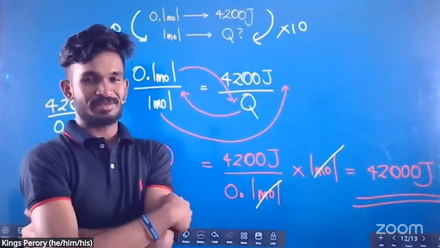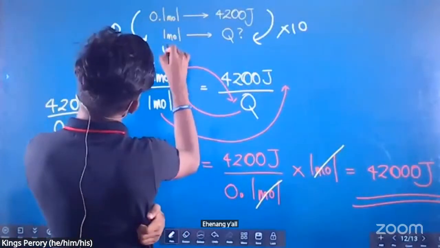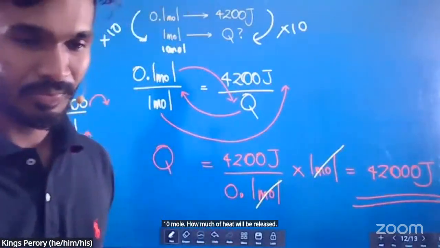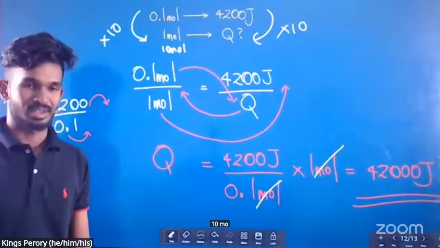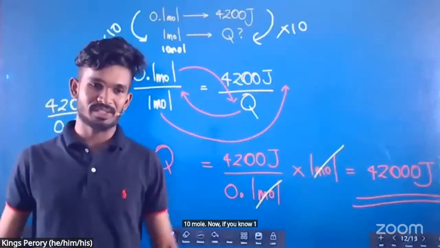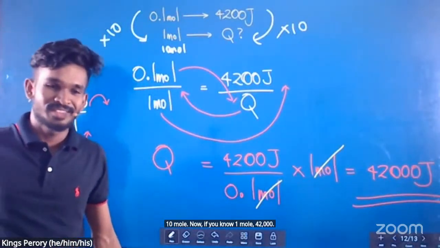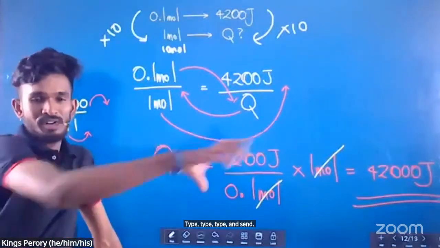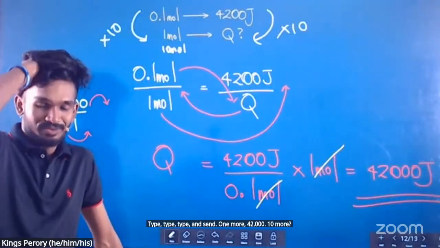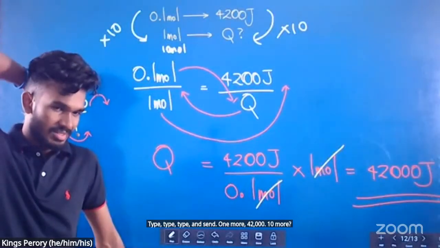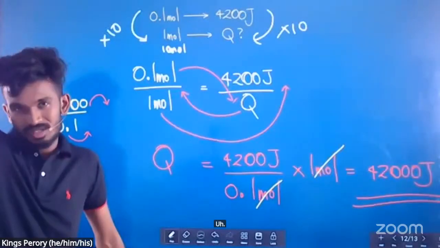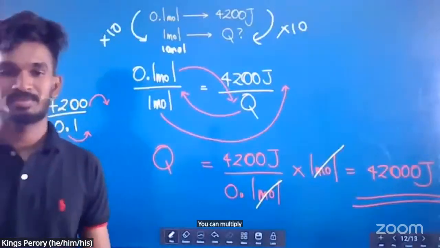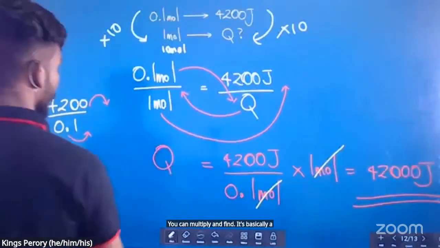Now tell me, for 10 moles, how much heat will be released? You know 1 mole is 42,000, so 10 moles is 420,000, that is 4 lakh 20,000. You can multiply and find it. It's basically a ratio concept.